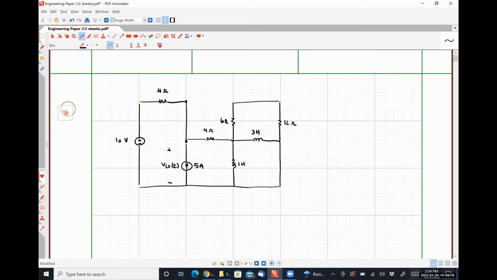So in this problem, we have two inductors. It should be fairly obvious to see that they are connected in parallel, so we can combine them into a single equivalent inductance, which we'll do in just a moment. But I want to make a note here.